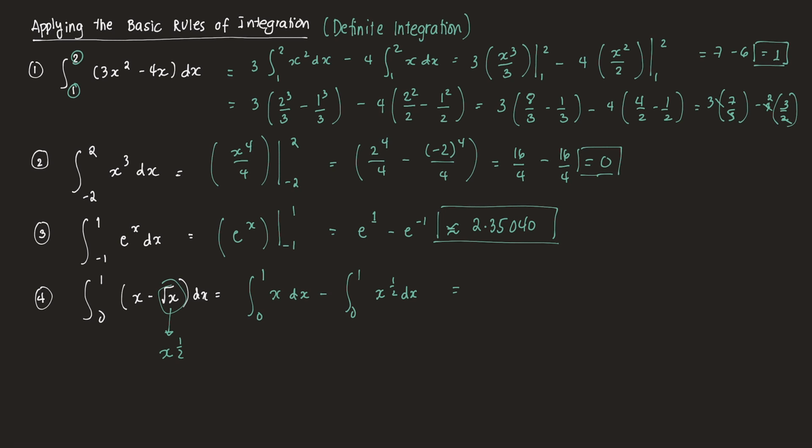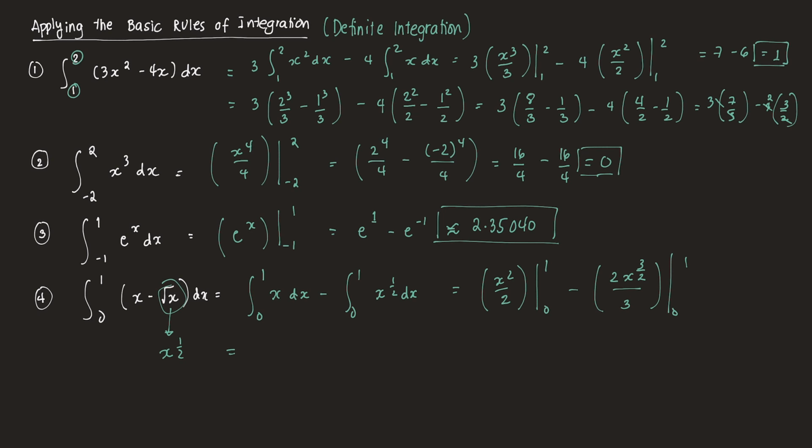Then we can simplify it. The integral of x is just x squared all over 2 from 0 to 1, minus x raised to 3 over 2 all over 3 over 2, or 2x to the 3 over 2 all over 3, right? From 0 to 1.